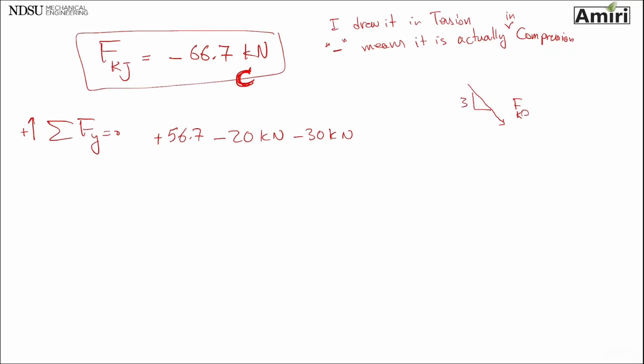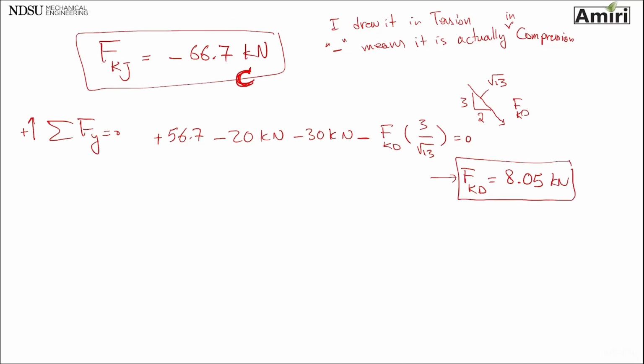How much is going to the side? 2. So the y component of it, first of all, is minus, pointing down. It's going to be FKD times 3 over square root of 13 equals 0. This will result in FKD of 8.05 kilonewtons.